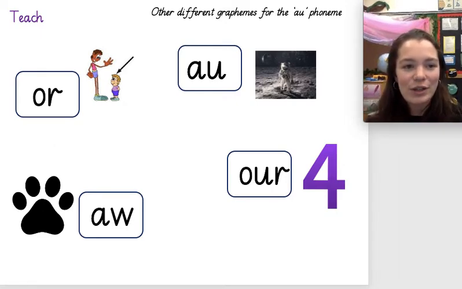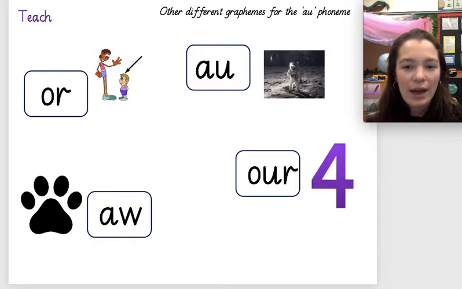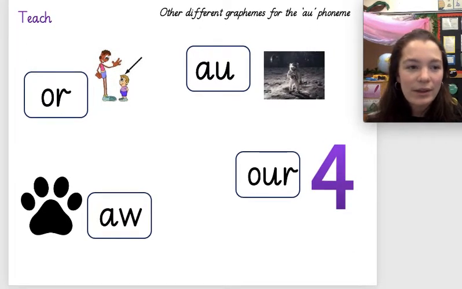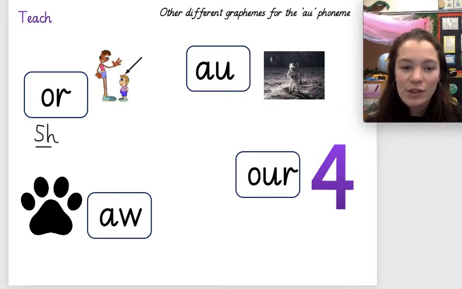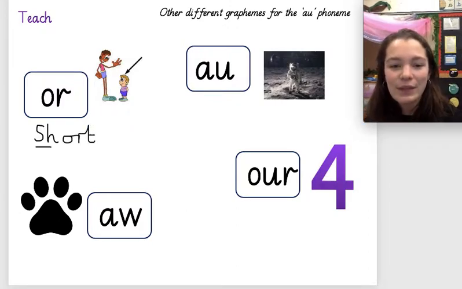Okay, let's have a little look. You can correct my writing. So short, we know 2 letters make 1 sound for that. Or, give yourself a tick if you got that right.